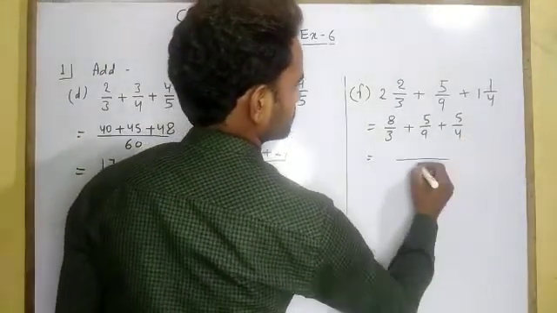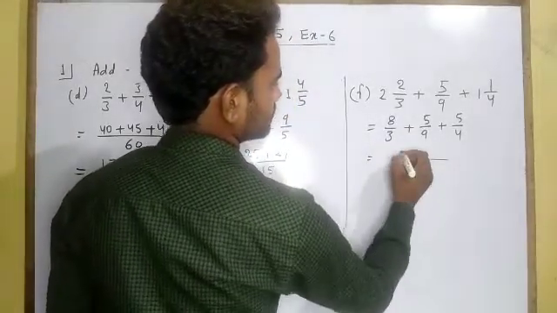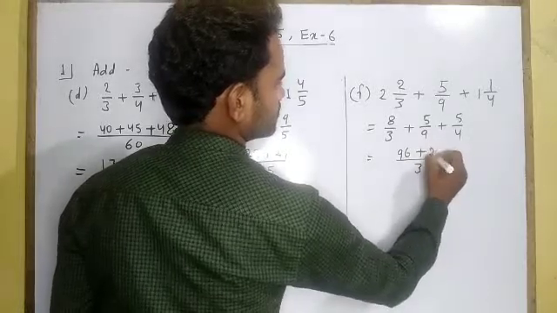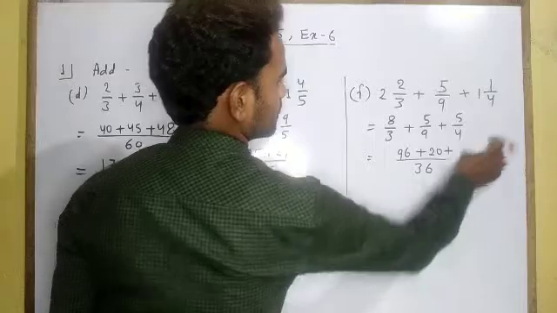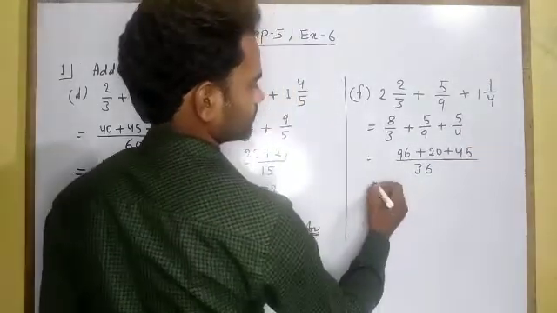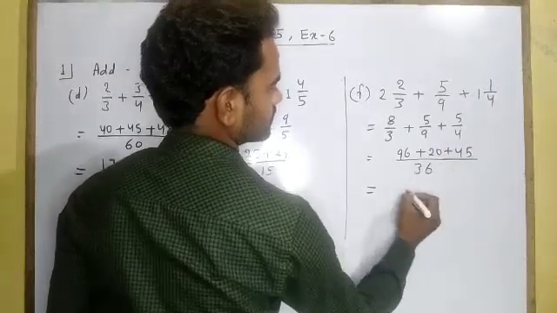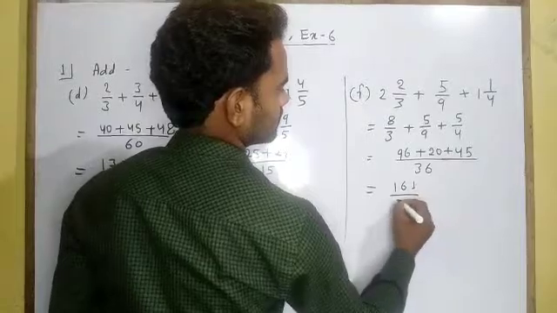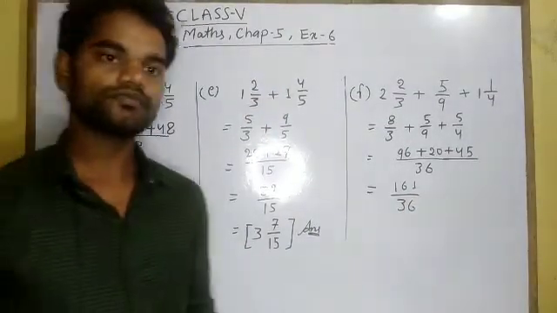It will be 36. 3 twelves are 36, 12 eights are 96, plus 9 fours are 36, 4 fives are 20, plus 4 nines are 36 and 9 fives are 45, equal to, add them. 5 and 0 is 6, 11 carry 1, 4 and 2 is 6, 15 and 1 is 16. This is 161 upon 36.